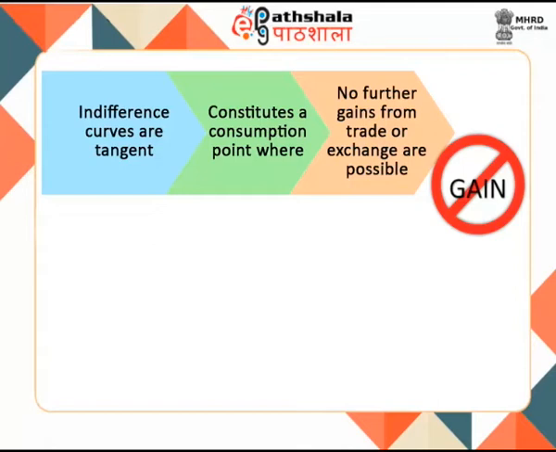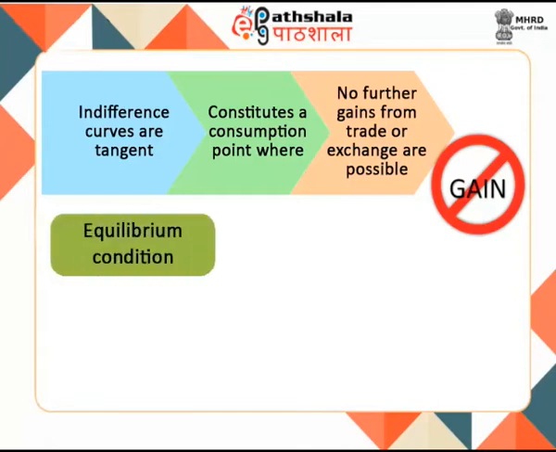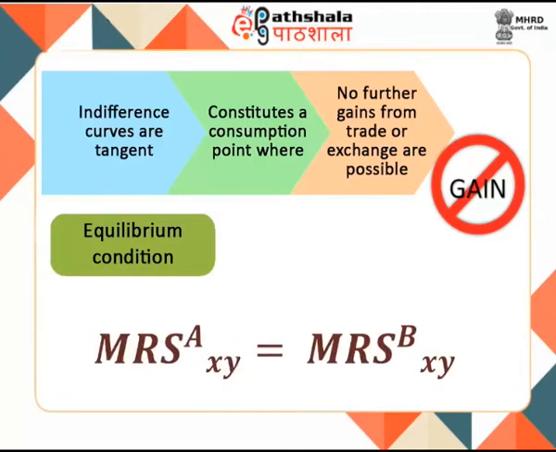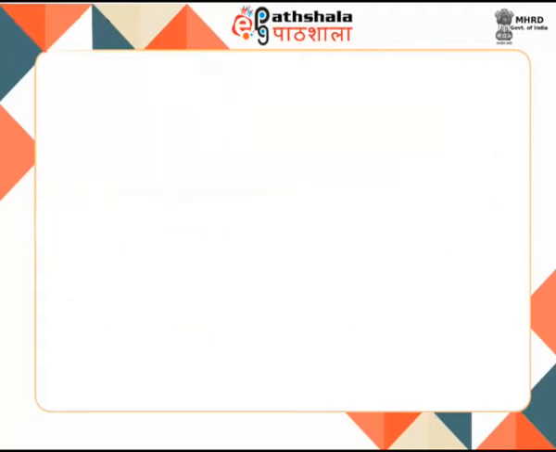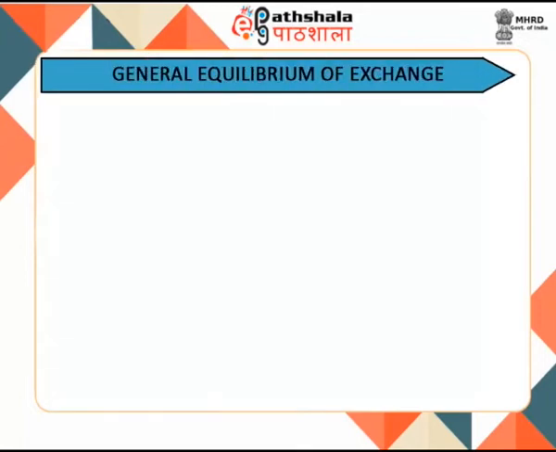Thus, the general equilibrium of exchange will occur when the following condition holds good: marginal rate of substitution of good X for Y for individual A is equal to marginal rate of substitution of good X for Y for individual B. Let's discuss the general equilibrium of exchange with the help of the contract curve.